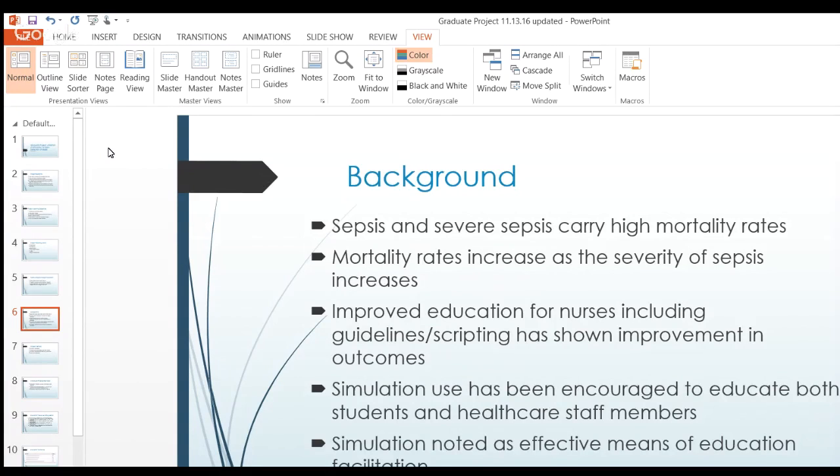When we look at more studies, simulation has also been used to address emergency situations. Research has found that not only are the learners reporting that the simulation was favorable, but it is having a positive impact on the educators as well, who are seeking ways to provide learning opportunities that are impactful for nurses who are interacting with patients.